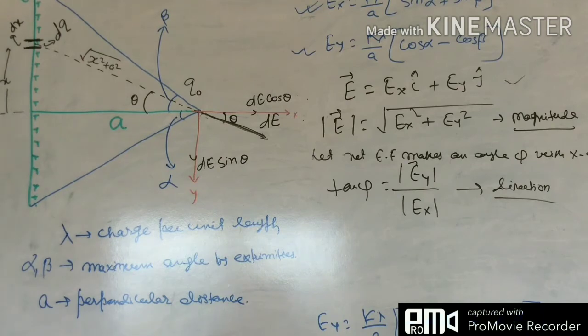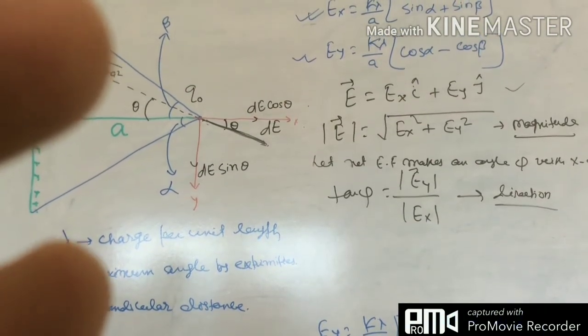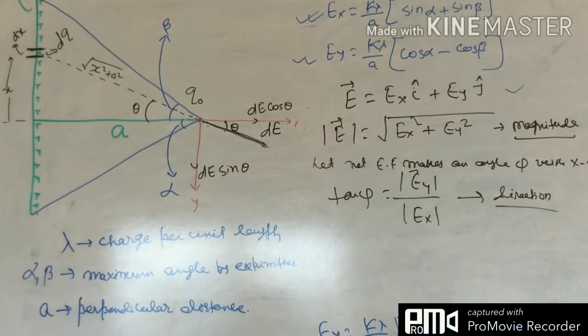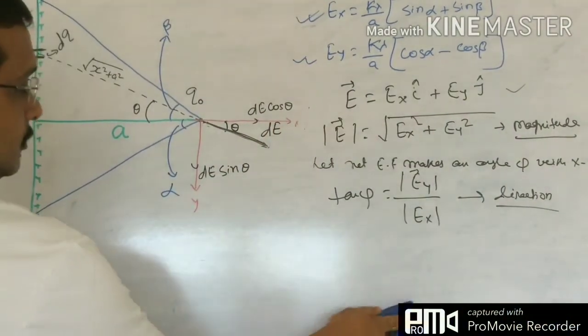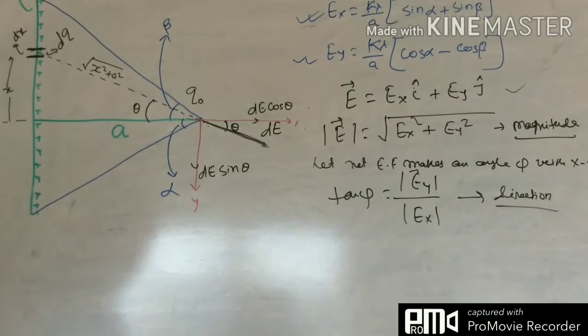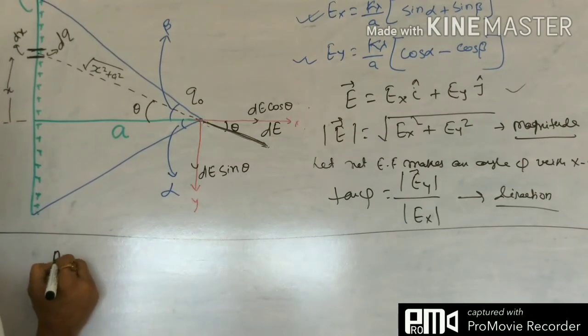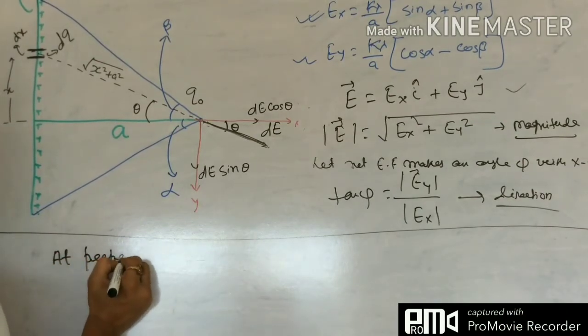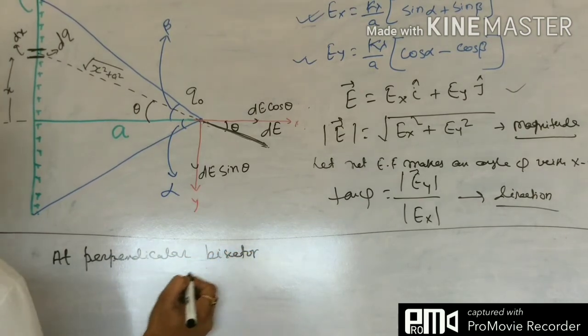Write it down. You can pause the video and now see at a perpendicular bisector. At a perpendicular bisector, what will happen?